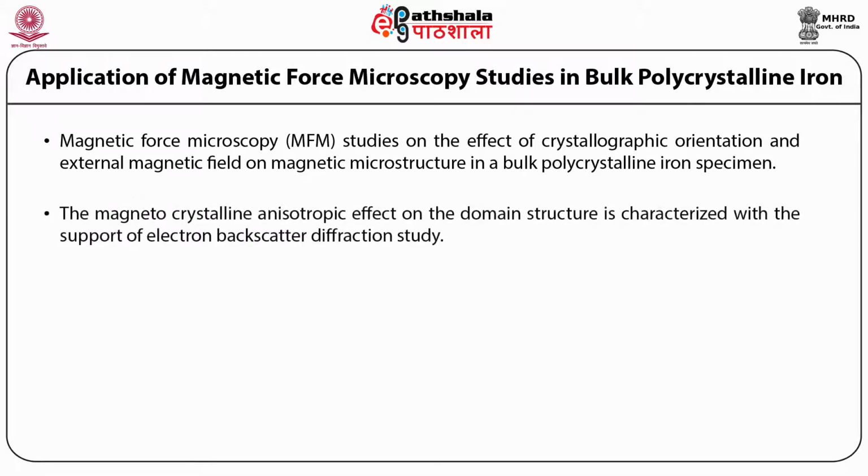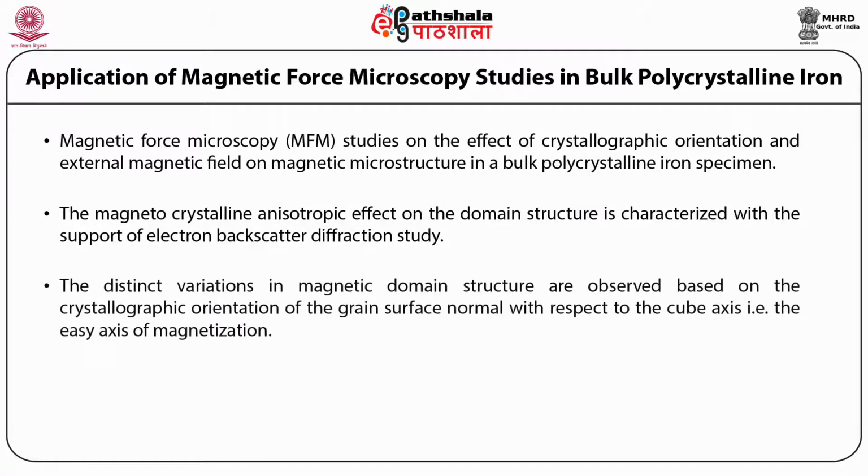The magnetocrystalline anisotropic effect on the domain structure is characterized with the help of electron backscatter diffraction study. The distinct variations in magnetic domain structure are observed based on the crystallographic orientation of the grain surface normal with respect to the cube axis, the easy axis of magnetization.